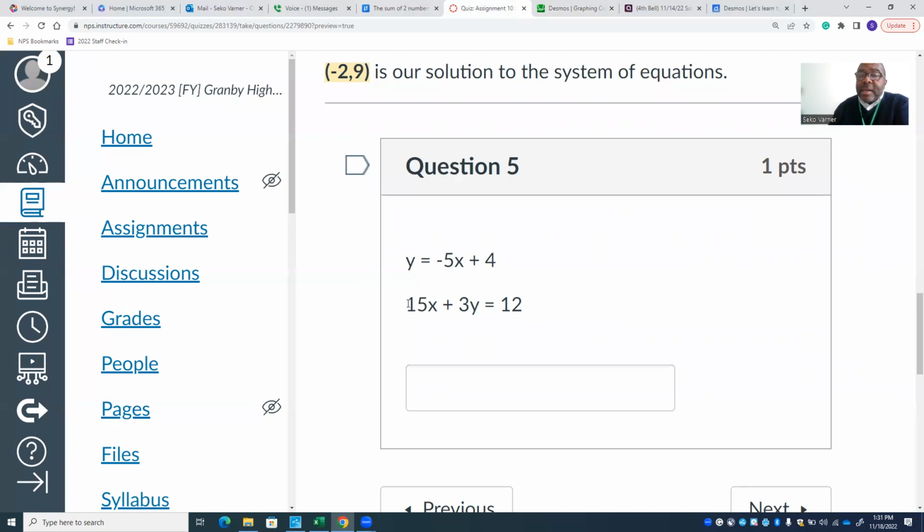All right. The second equation, 15x plus 3y equals 12, is not in slope-intercept form. It's actually in what we call standard form. Once again, once you place it in Desmos, it's going to give you the right solution to the set. Let me know when you're ready. You ready?